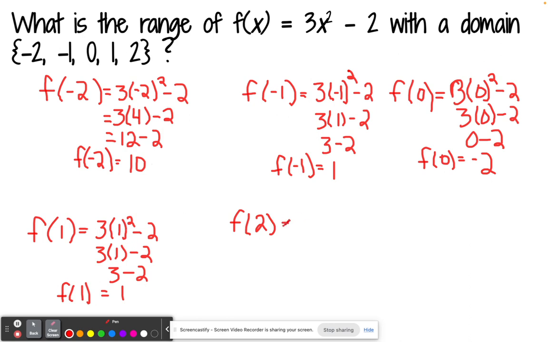You'll see the same thing with our f of 2. So 3 times 2 to the second power minus 2. 2 to the second power is 4, just like negative 2 to the second power is 4. 3 times 4 is 12.